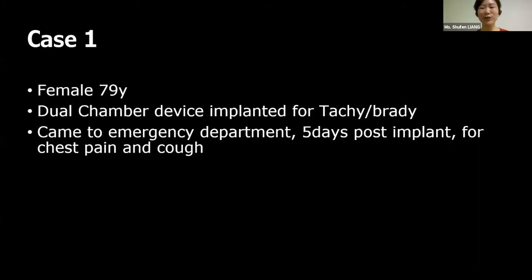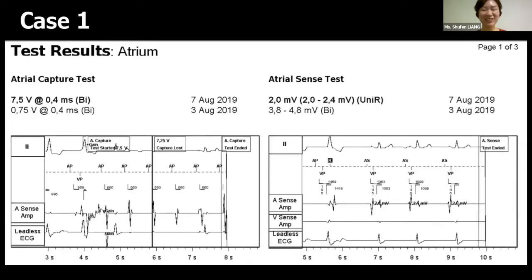Okay, this is pre-COVID. So these are the atrial threshold results, which are very, very high compared to just 5 days before, 10 times higher.